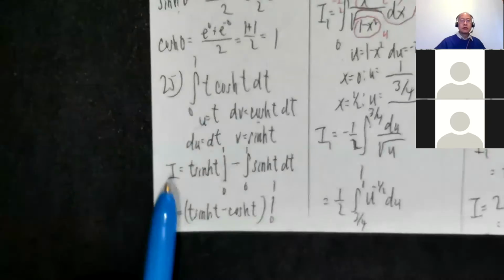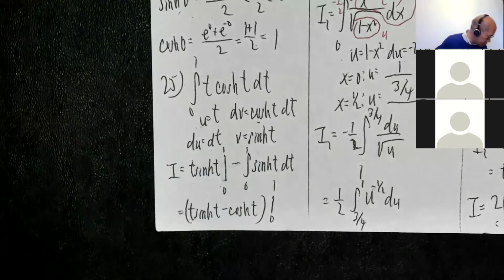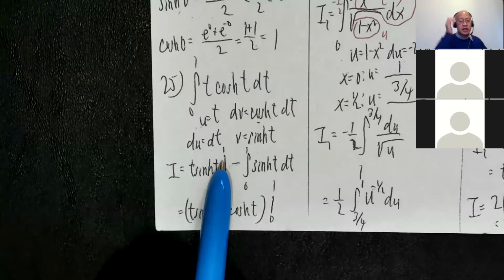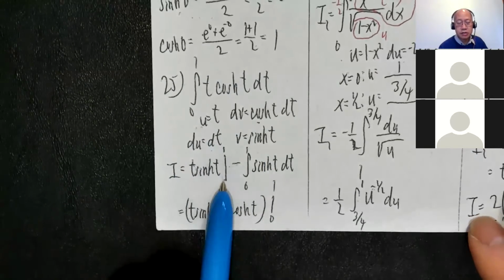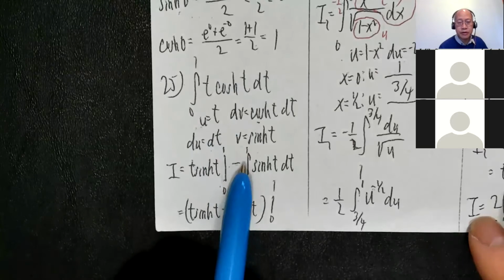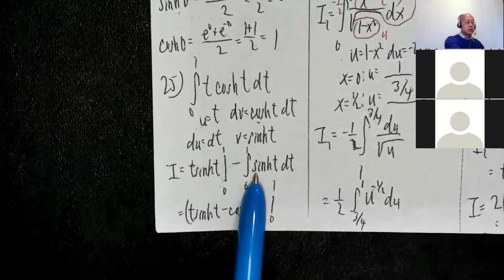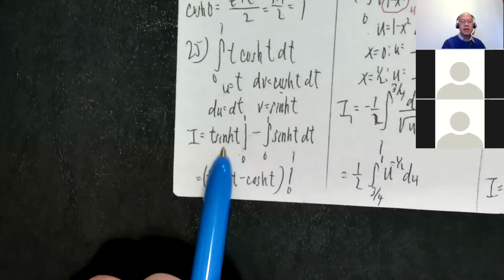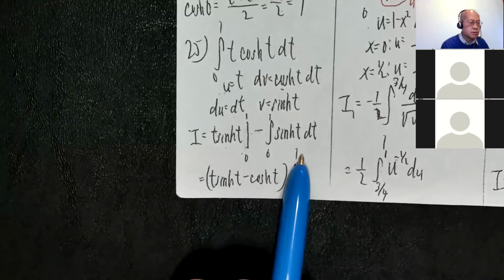So v is sinh, and du is the same as dt. Here I finished integrating this side, so the normal convention, stick it over on the right side, straighten it out. But this one stays on the left side with a funny looking s, 0 to 1. And now what's the integral of sinh? It's cosh, which is the reason why I went through this. Now I write it as t sinh t minus cosh t from 0 to 1.